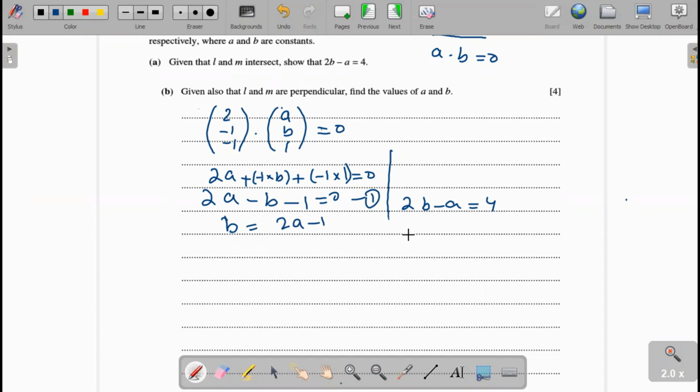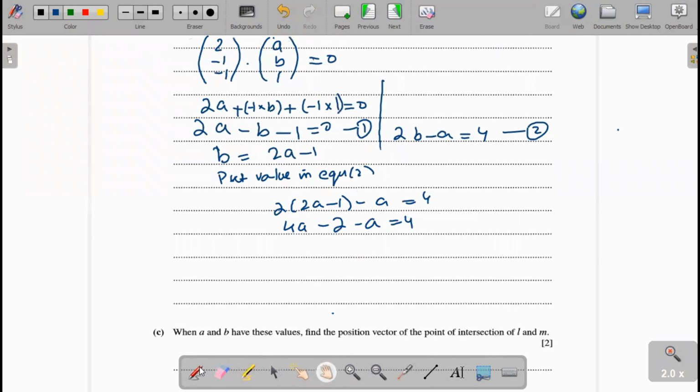Now here we put the value of B in equation 2. Now it becomes 2 times B, which is 2A minus 1, minus A equal to 4. That is equal to 4A minus 2 minus A equal to 4.